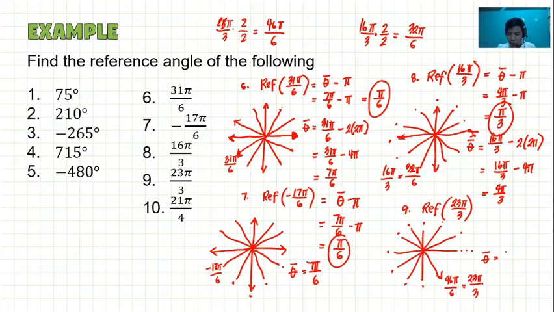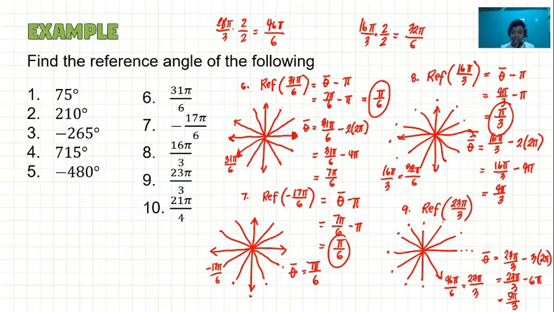So this is now equal to 23 pi over 3 minus 3 times 2 pi, and this is equal to 23 pi over 3 minus 6 pi. So 23 pi minus 3 times 6 pi, which is 18 pi. So 23 pi minus 18 pi, that is 5 pi, right? So this is 5 pi over 3. Okay, so our theta bar is equal to 5 pi over 3.